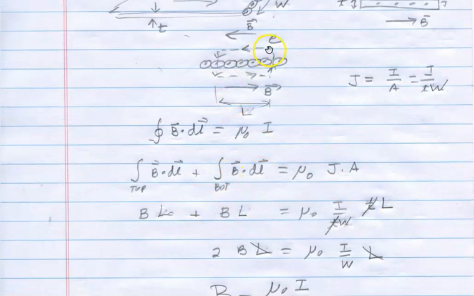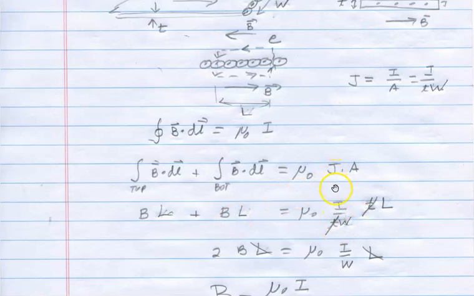And then the other part is pretty easy. The two sides, the left side and the right side, well, the dl along here is perpendicular to the directions of the fields, and so the B dot dl vanishes on those. The only piece that exists is along the top, B dot dl there, and then coming back along the bottom, B dot dl here. But the magnetic fields are in the same direction, so I get B times L on this one, B times L on this one, since they're both going in the same direction.